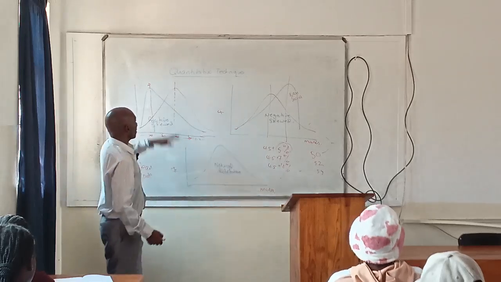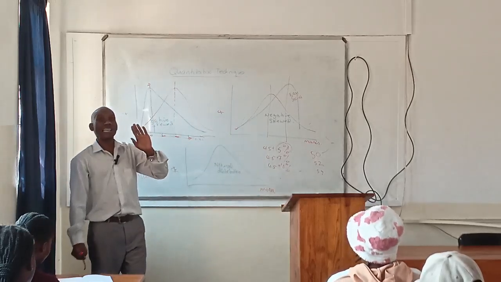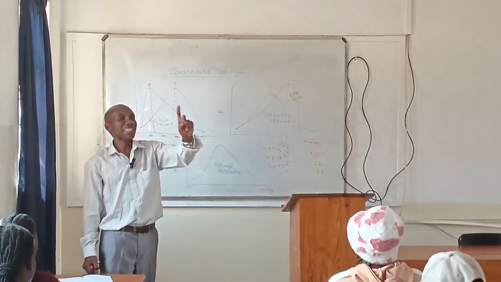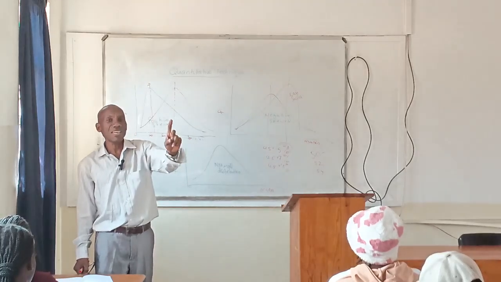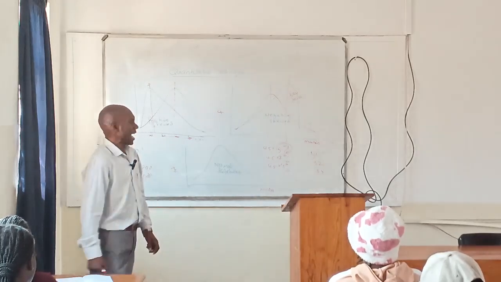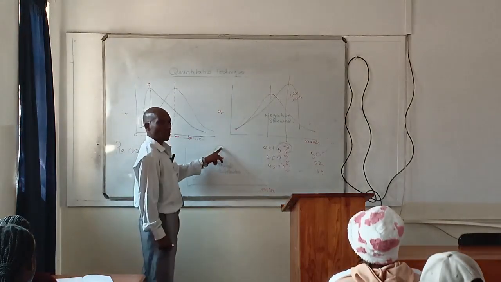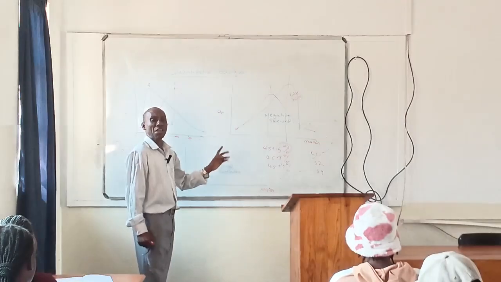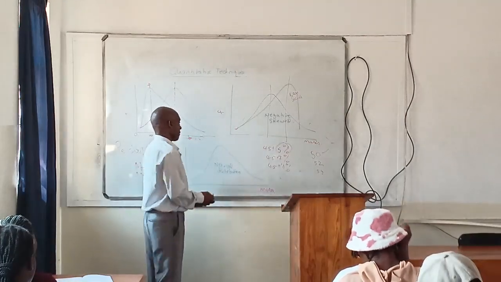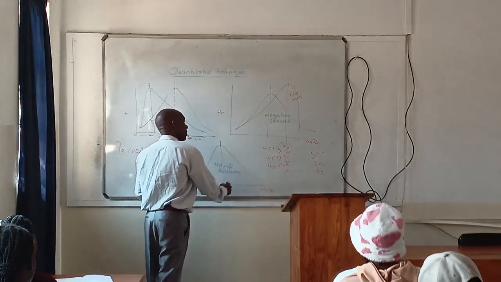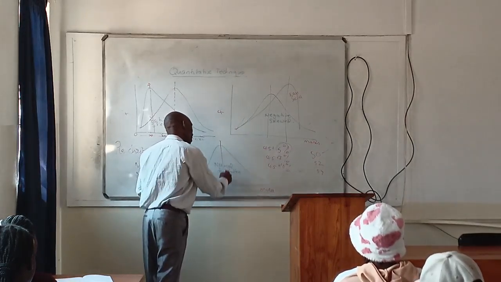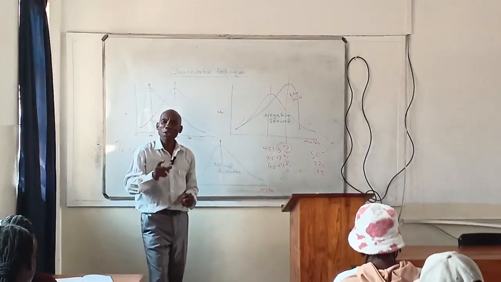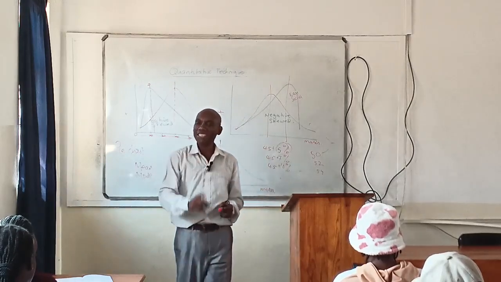Therefore, these graphs, whether positive skewed, negative skewed, or normal distribution, will determine where our mean, mode and median are. It's only simple to this one. For normal distribution, the mean will be here, mode here, median there. If you calculate mathematically, you find mean is the same as mode, the same as median.